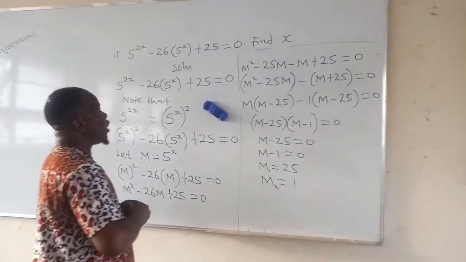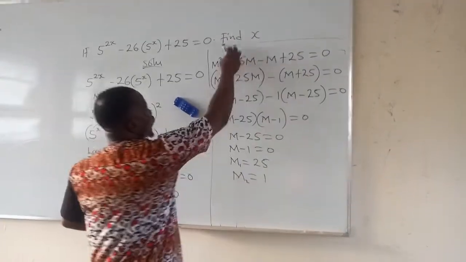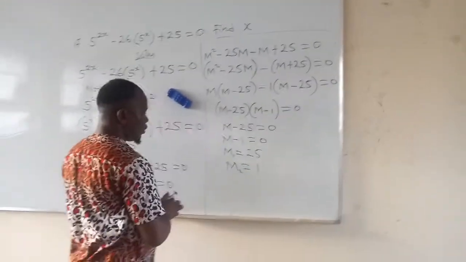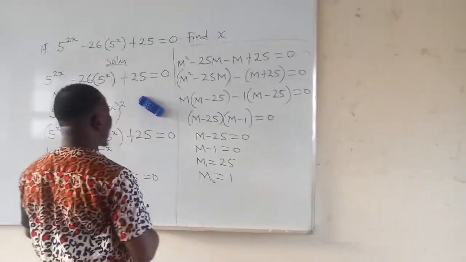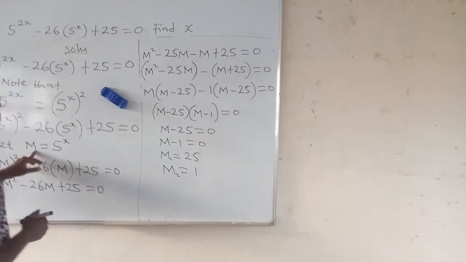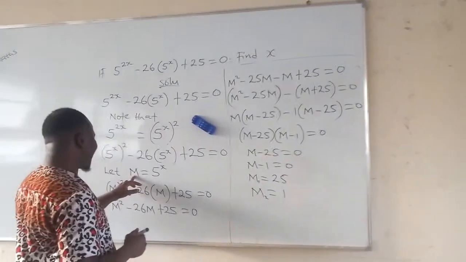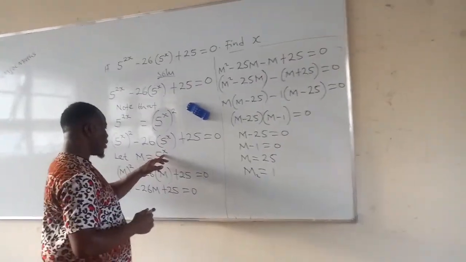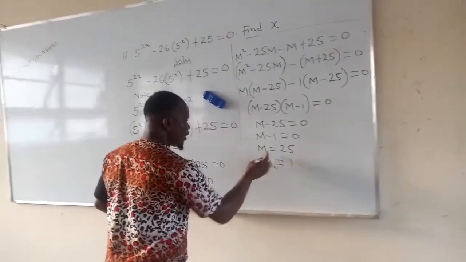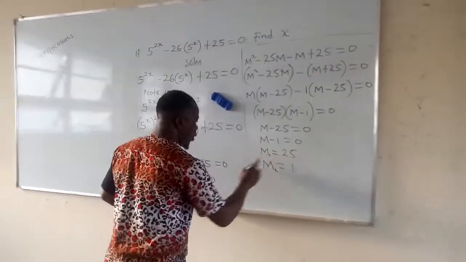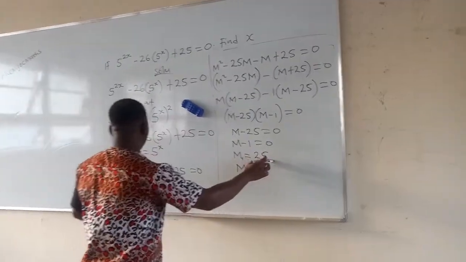Now, the question is, we should find x, not m. So at this point, we are going to record that we said let m equal 5 raised to the power x. Is that clear? So let's say m1 is equal to 25.